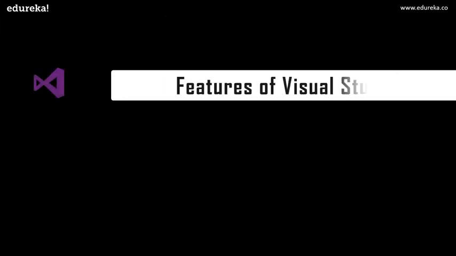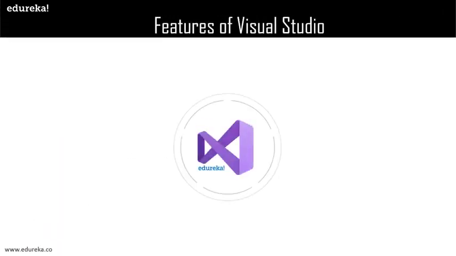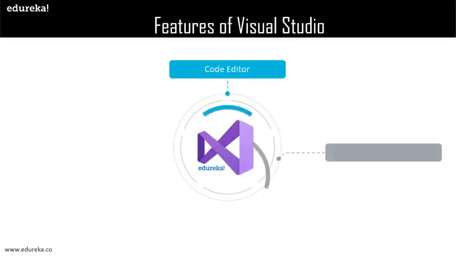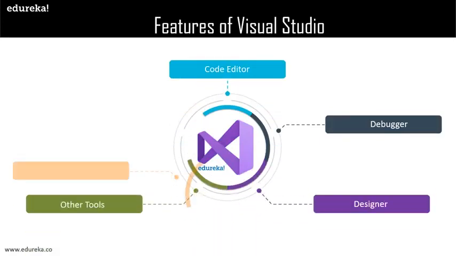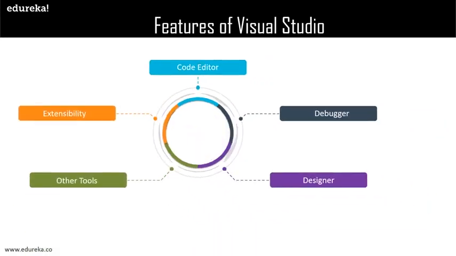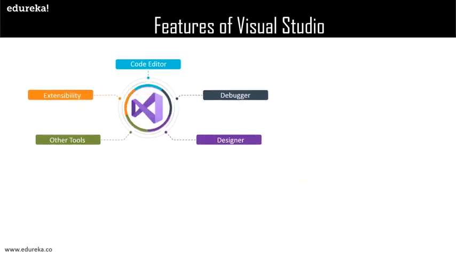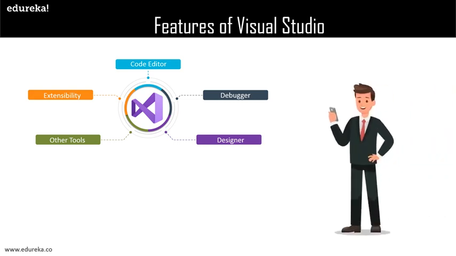Moving ahead, we shall discuss the important features of Visual Studio. So firstly, code editor, debugger, designer, other tools, and extensibility. Now we shall discuss each one of them in detail. Firstly, the code editor. Visual Studio has the best-in-class code editor which supports multiple functionalities.